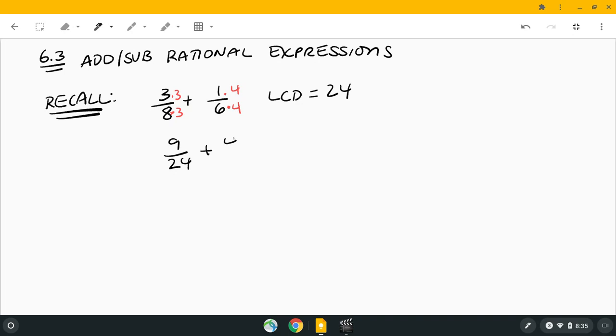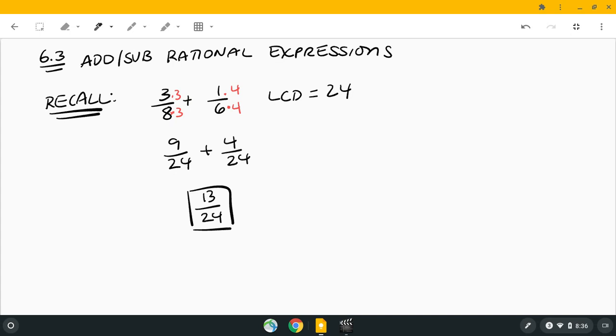And this one over here, 4 over 24, which is an equivalent fraction to 1 over 6, because if you reduce this, it reduces to 1 over 6, right? But now they have the same denominator, and so you can go ahead and add here, and we have a total of 13 24ths.